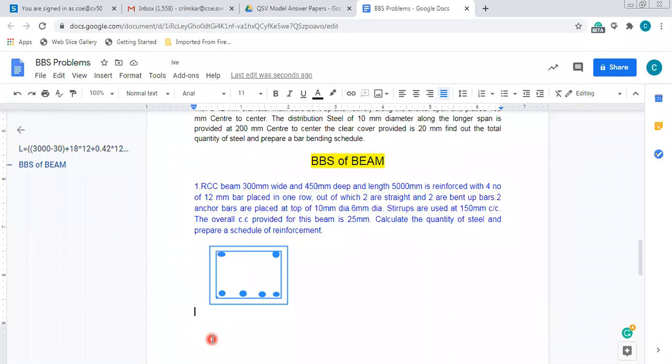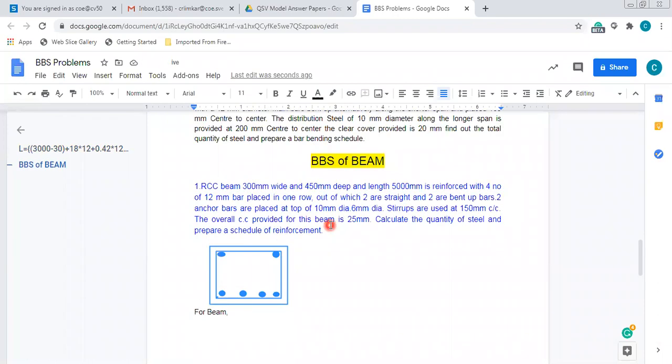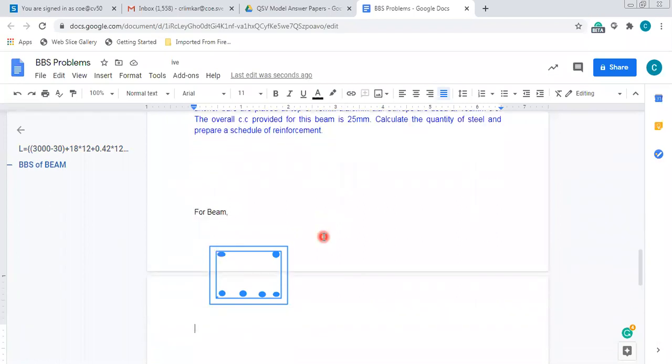At first, write down the given data, whatever things are known to us for this beam. This diagram will come with us, so don't worry about the diagram. For this beam, what are the things which are known?